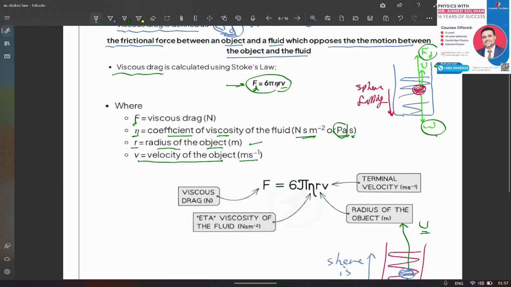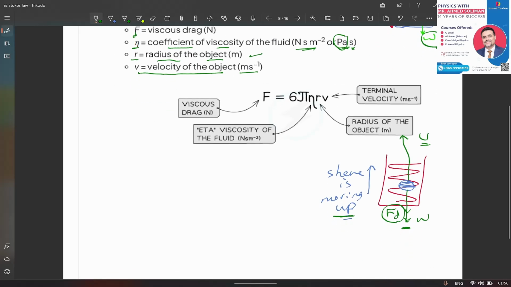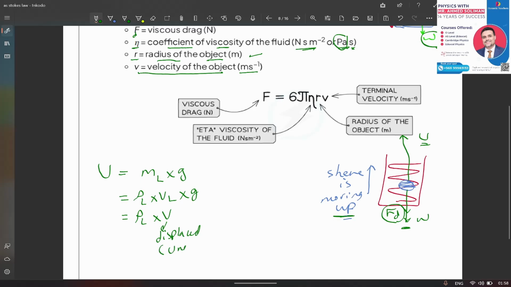So you need to memorize it: upthrust equals mass of liquid multiply g, or rho liquid multiply V liquid multiply g, or rho liquid multiply V displaced, or we can say under the surface, submerged, multiply g.